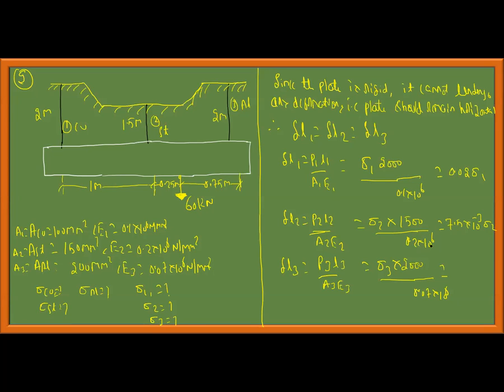Two thousand divided by 0.07 into 10 power 6. 0.0285. 28.57 into 10 power minus 3 sigma 3, right? Yes, sir.